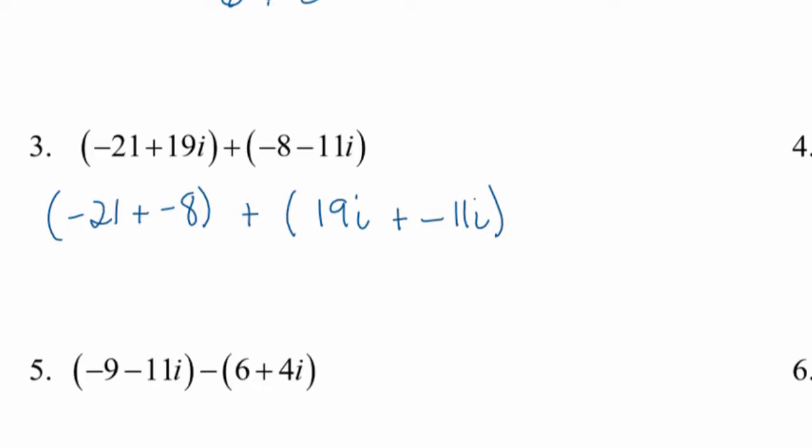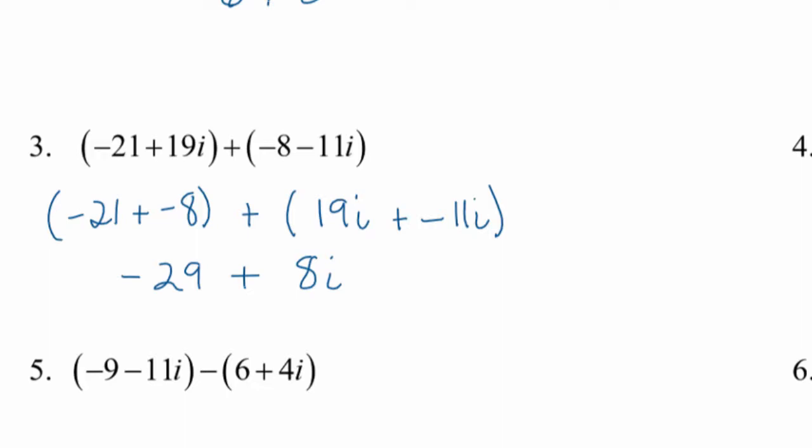Many of you will be able to do this step without rewriting it, but I thought I would rewrite it to be clear. Here we get -29, which is the real part of the answer, and here we get 8i. So our answer in standard form is -29 plus 8i.